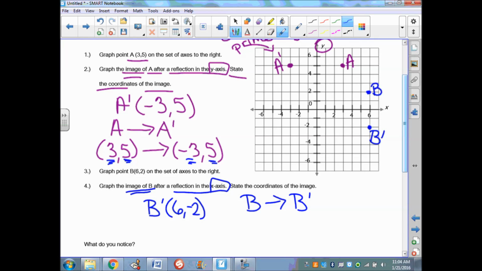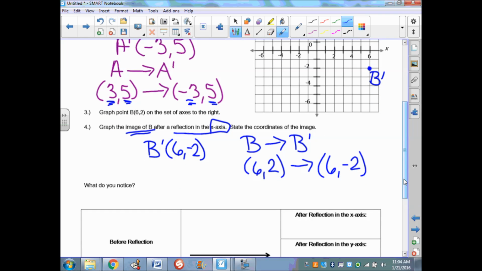It started out at point 6, 2. And then what did it become when we reflected it in the x-axis? It became 6, -2. So let's look and see what happened. Hopefully you're noticing that the x's stayed the same, but the y's changed.